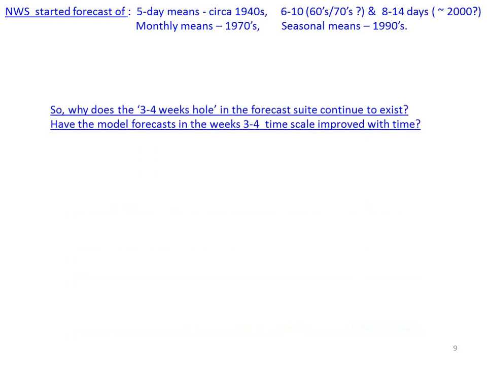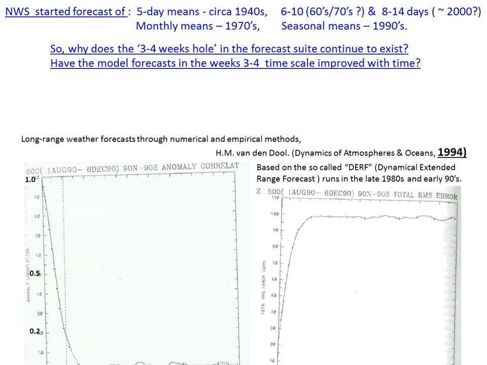Why have we not issued, beginning today, what the weather is going to be like 3 weeks from now, 4 weeks from now? We cannot tell. Why have we not done that? Have the models not improved with time? What's the drawback? Next. So this is from a study in 1994, many years ago.